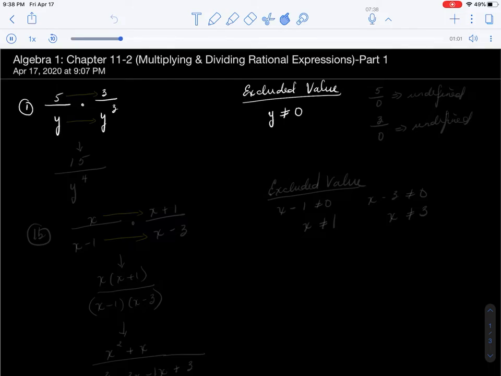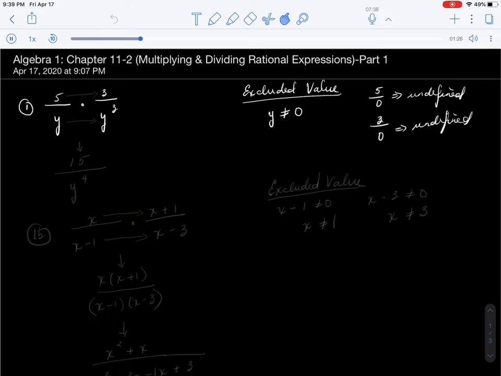The reason is that if you have 5 over 0, that is going to be undefined, or y to the third over 0, and that should be undefined as well. Now we take our excluded value out of the way.